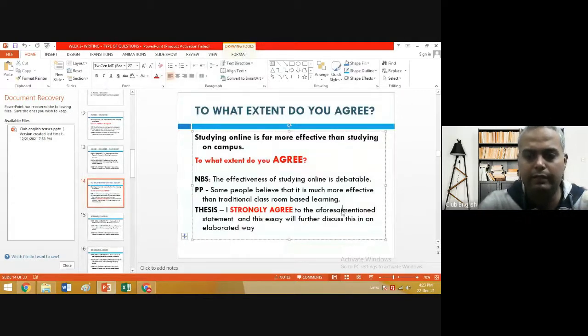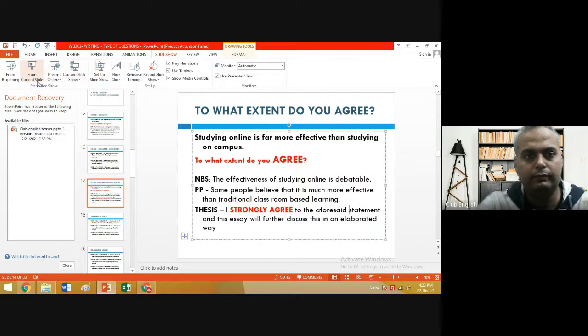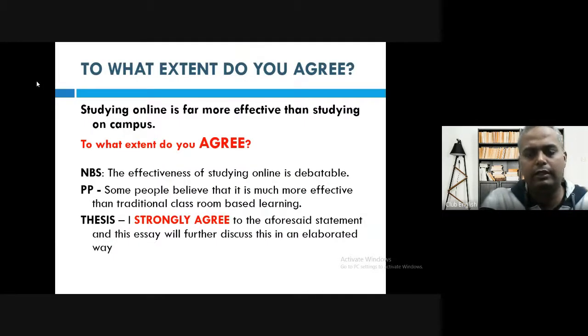Let me edit it. Aforesaid, right? Okay, I strongly agree to the aforesaid statement, and this essay will further discuss this in an elaborated way.